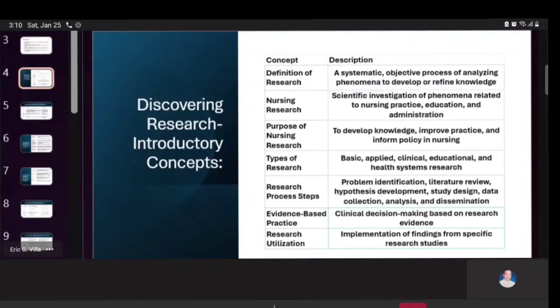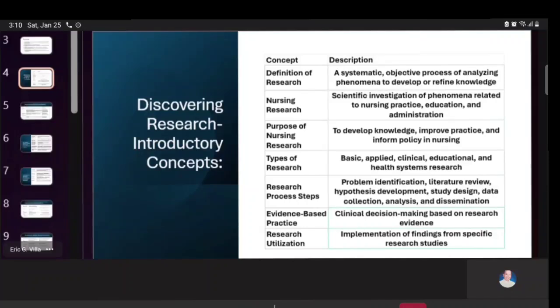It involves a systematic approach when investigating phenomena which are relevant to nursing practice, education, and administration. Nursing students may embark on a research journey and must understand that research is not just about conducting studies, but also about developing critical thinking skills and a culture of inquiry.